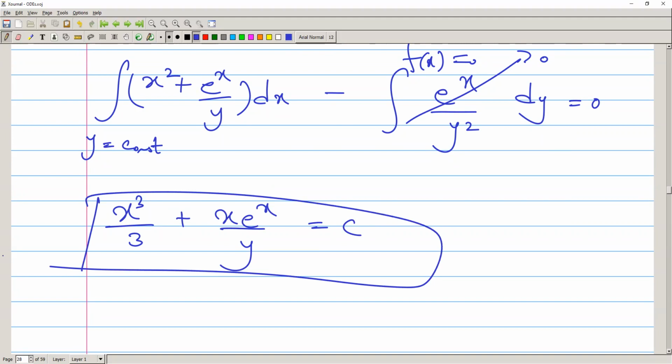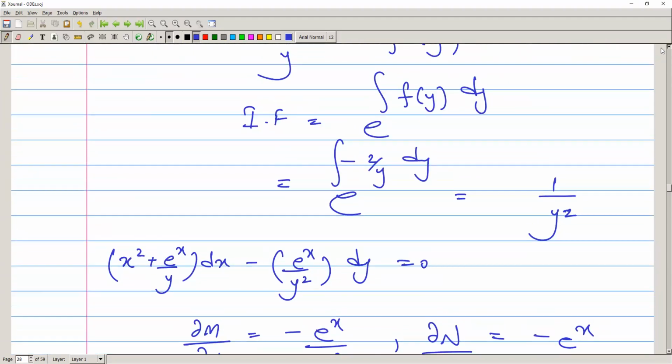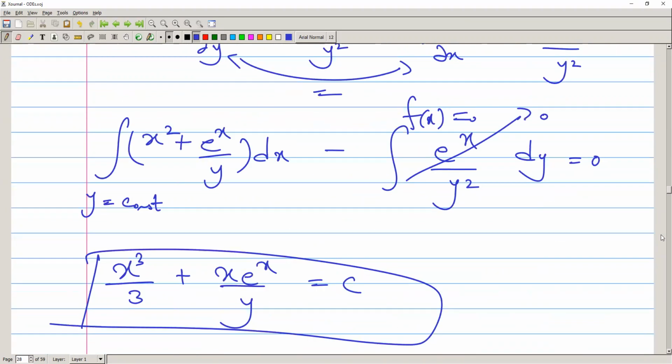That was non-exact, but we made it exact by using the formula, that is dou n over dou x minus dou m over dou y, right? So let's check it again, so that there may not be any mistake in the problem.